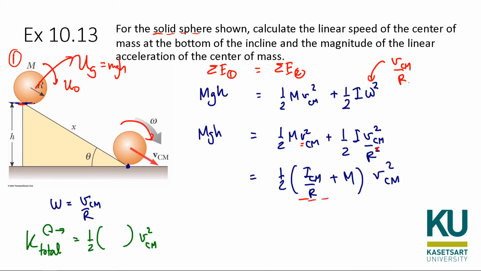This term is like a mass that takes into account the moment of inertia and the mass of the object. If you would like to determine the velocity, where this term is equal to mgh, you have to take m outside as well. If I take m out, I multiply m's over here, so I can rewrite it in terms of factors.